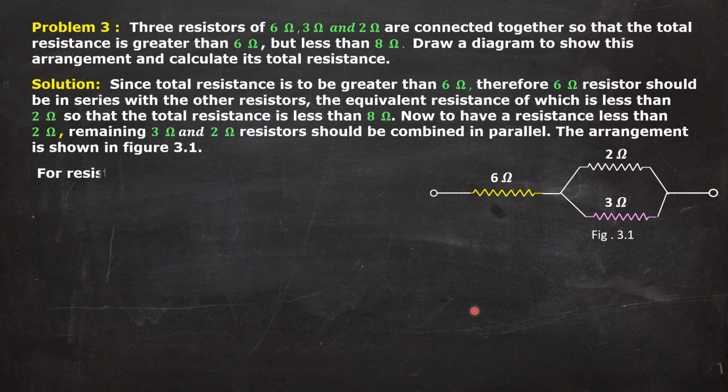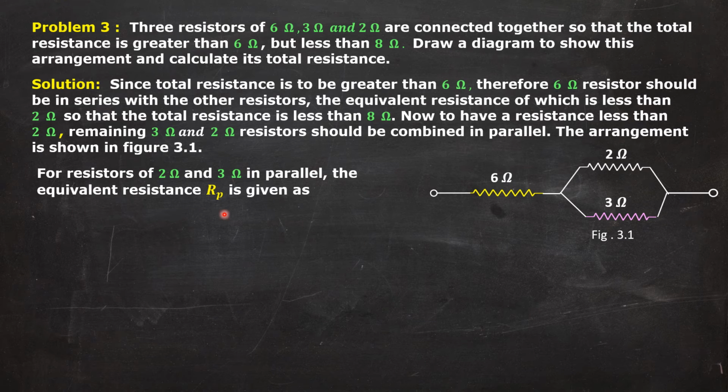For resistors of 2 ohms and 3 ohms in parallel, the equivalent resistance Rp is given as R1 R2 by R1 plus R2, or Rp is equal to 2 into 3 by 2 plus 3, we get 6 by 5 equal to 1.2 ohms. So the equivalent resistance of these two resistors connected in parallel is equal to 1.2 ohms.